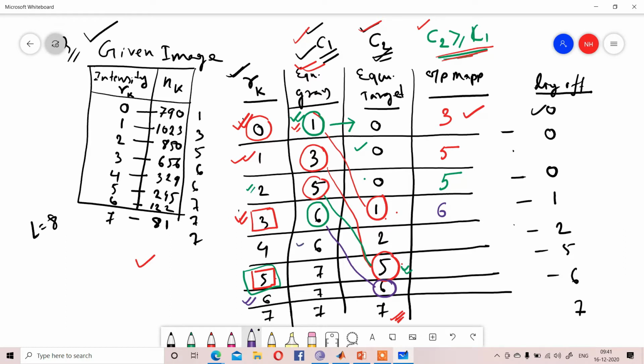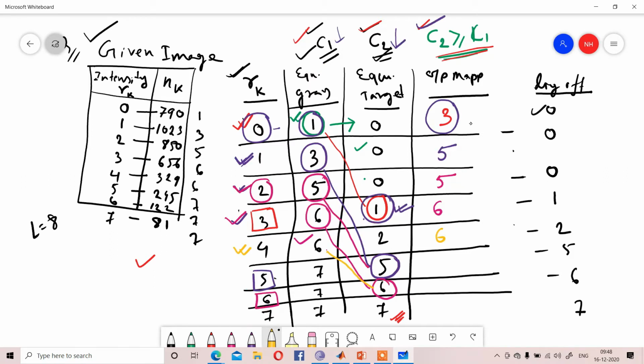Again you have 6 for the equivalent gray level image for the input image, and that 6 will be compared to the 6 of the target image. So for these two 6's condition is satisfied. So for this 6 also your mapping level will be 6.